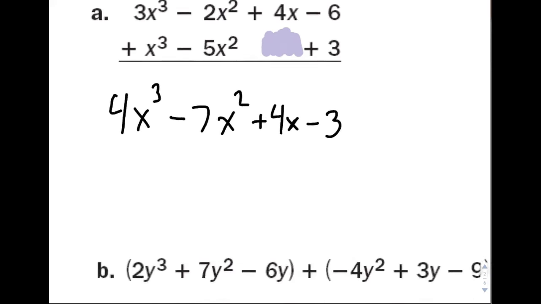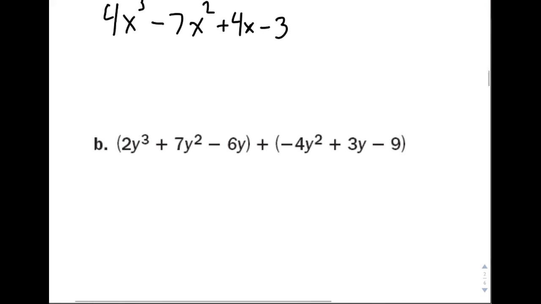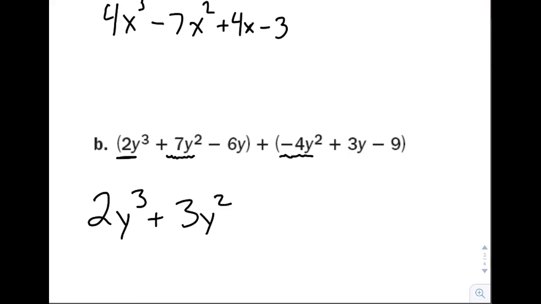You can also just add them in a line like this, and I like to use a matching system. I don't have anything else with a cube in it, so it's going to be 2y cubed. Then I'm going to do a squiggly line under 7y squared, and then it's -4y squared, so that's a positive 3y squared.